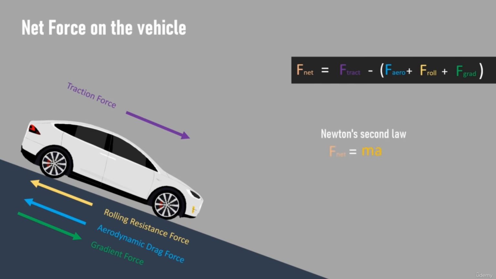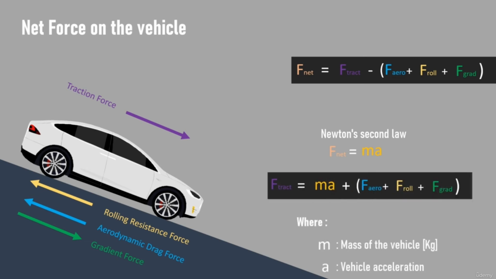By Newton's second law, the net force is equal to the product of the vehicle mass and the vehicle acceleration. Therefore, we can control the vehicle acceleration and thereby the speed by controlling the traction force that the powertrain produces.